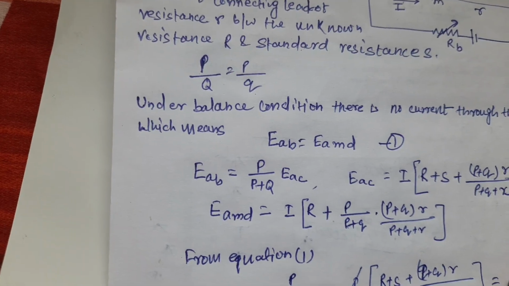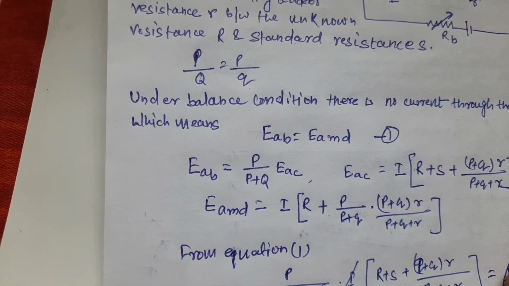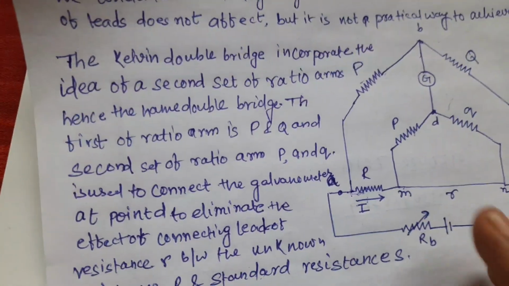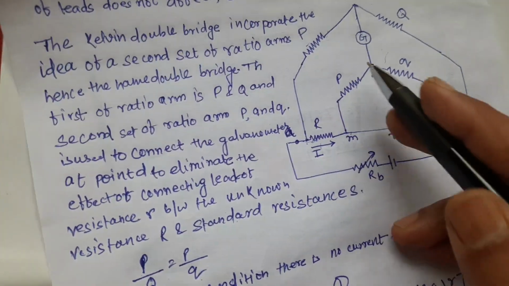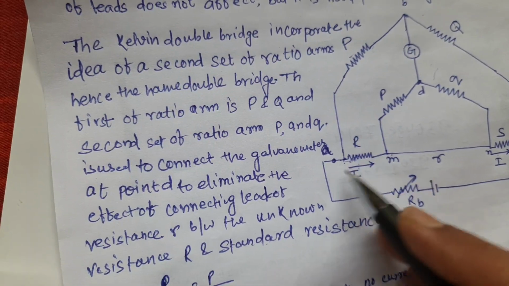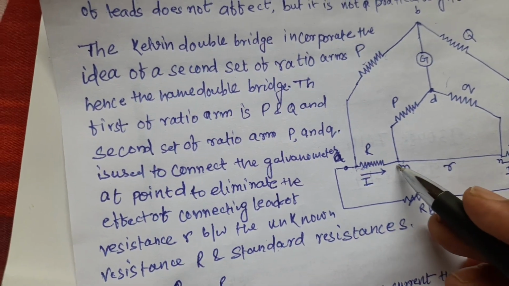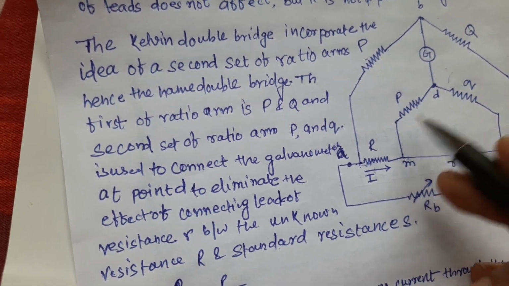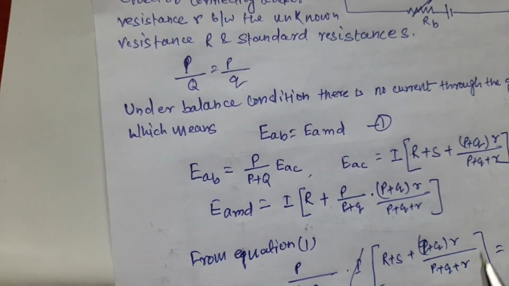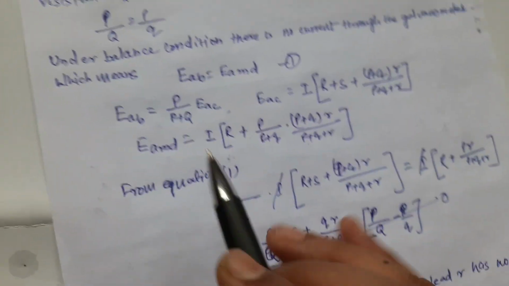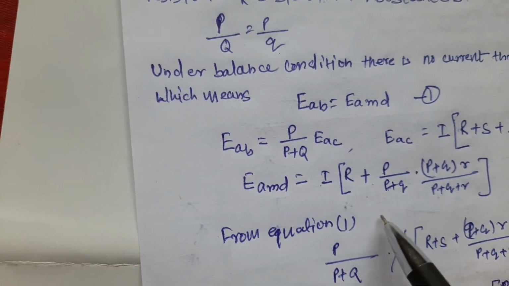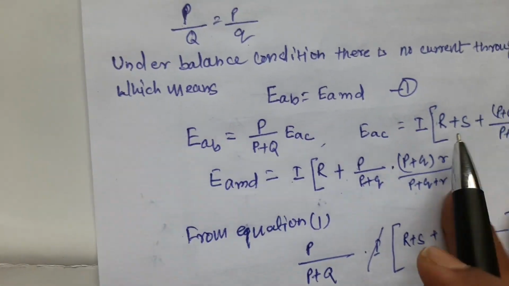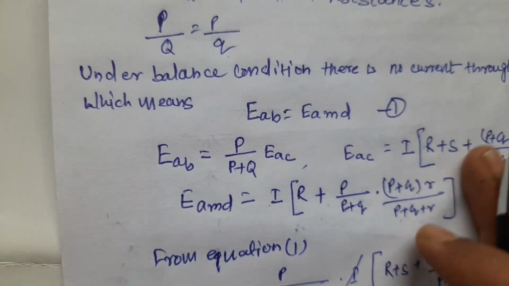Next, the voltage drop across AMD is equal to I into R plus the voltage drop across the small p resistance. So the voltage is I into R plus p by p plus q plus r into p plus q by r.